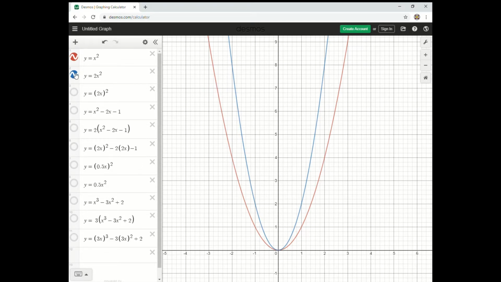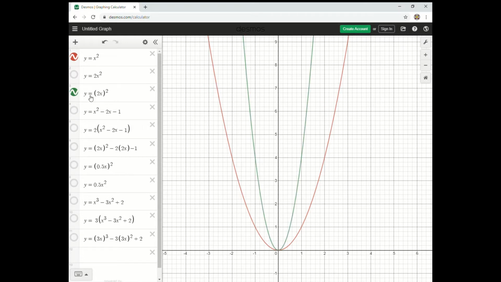So if we have a look then at what happens when we have y equals 2x all squared, well, you get a kind of similar looking curve. If I put the two on together, you'll see that y equals 2x all squared, so we're multiplying by 2 before we're squaring, appears to have been stretched even further. In fact, however, this is not a stretch in the y direction at all.